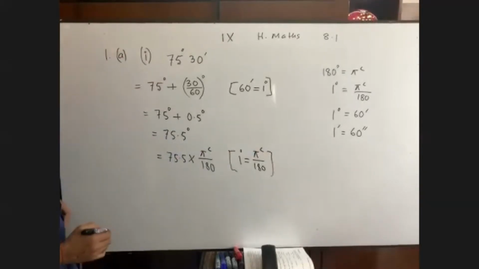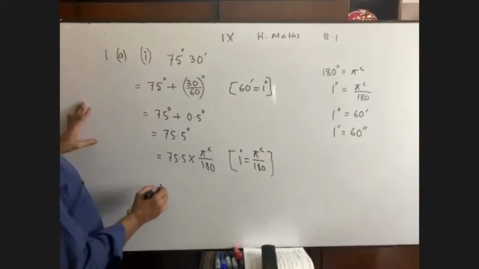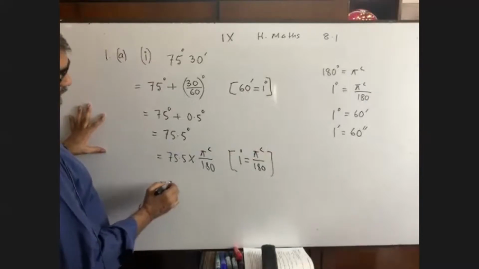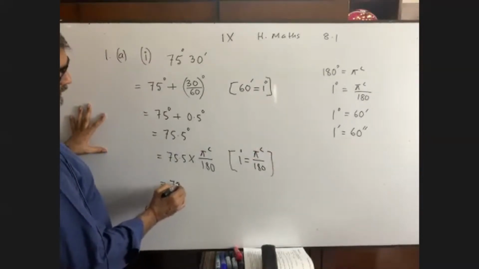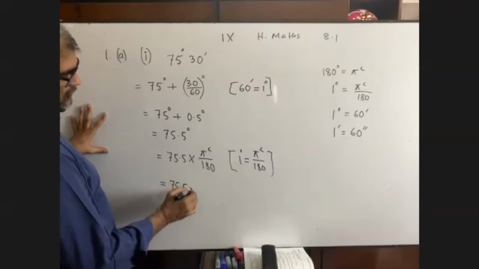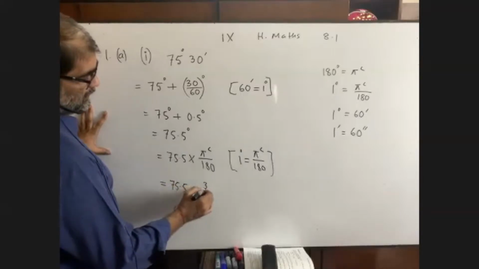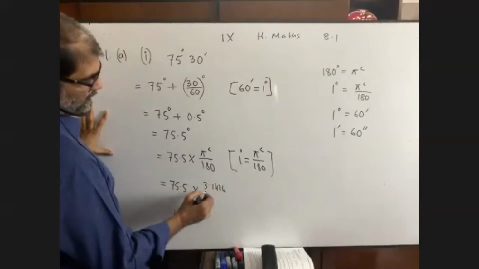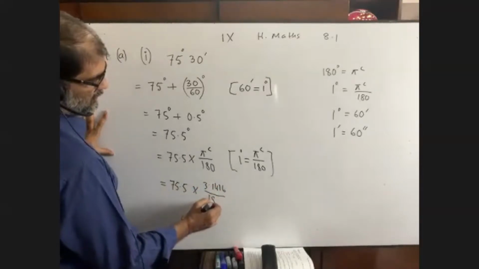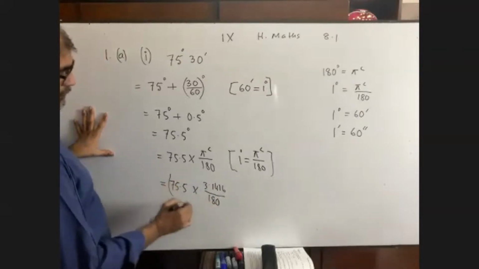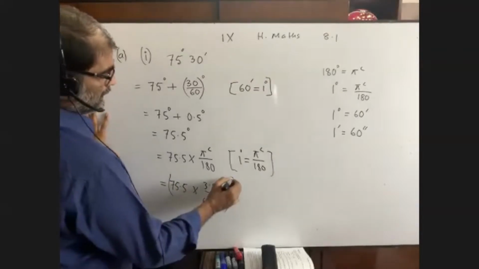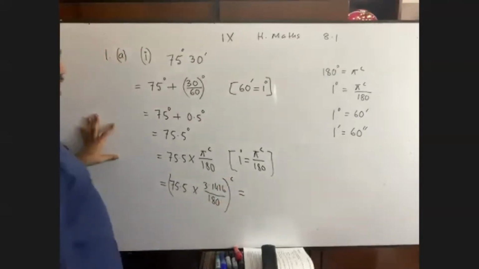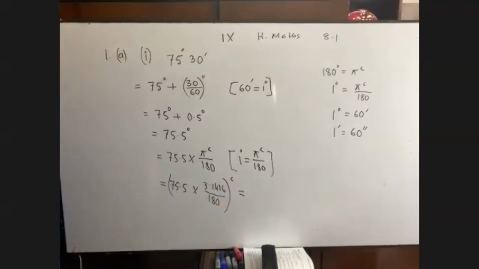In your higher mathematics book, also for general mathematics book, the value of pi is 3.1416 by 180. Now, you all are required to use the calculator and let me know the value.